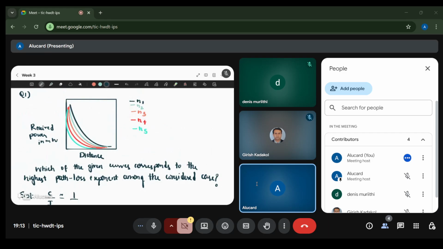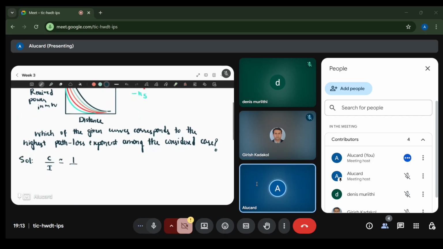This week we were still dealing with hexagonal cells, at least in cellular communication, and we are assuming that it's hexagonal. So C over I was 1 over I naught, which is the number of interferers, times (d over r) to the power eta.